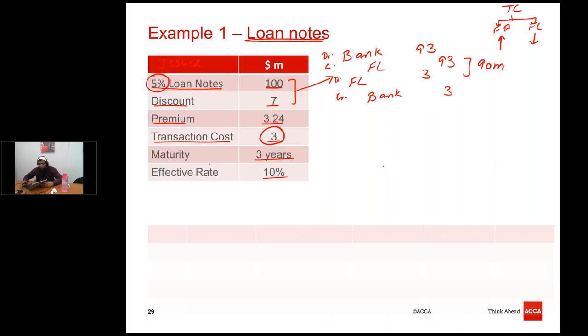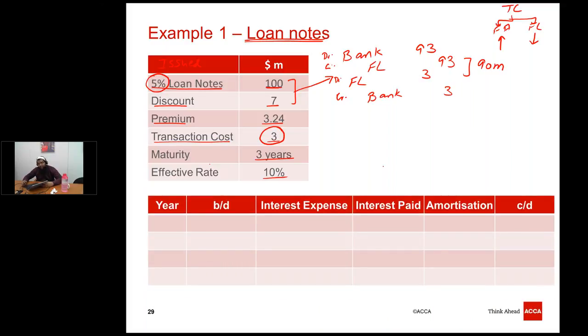And now we are going to prepare a table, an amortization schedule, where we write the brought down, the interest expense using the effective rate, the interest paid using the coupon rate, which is $100 million into 5%, the difference which is the amortization, and then the carried down.